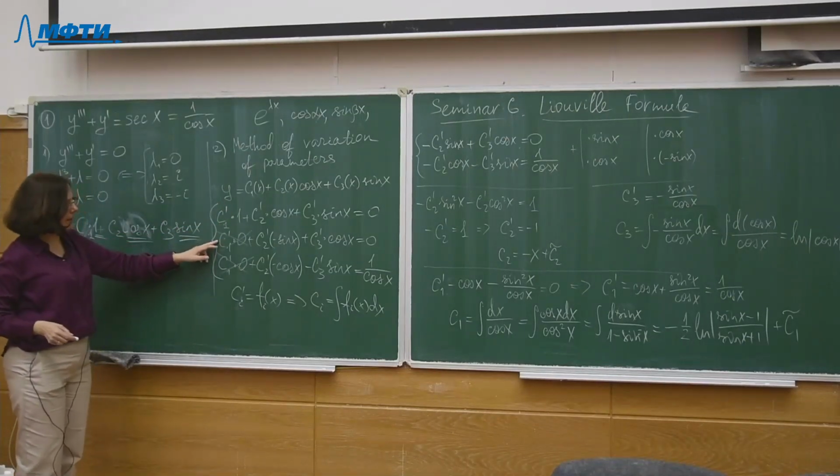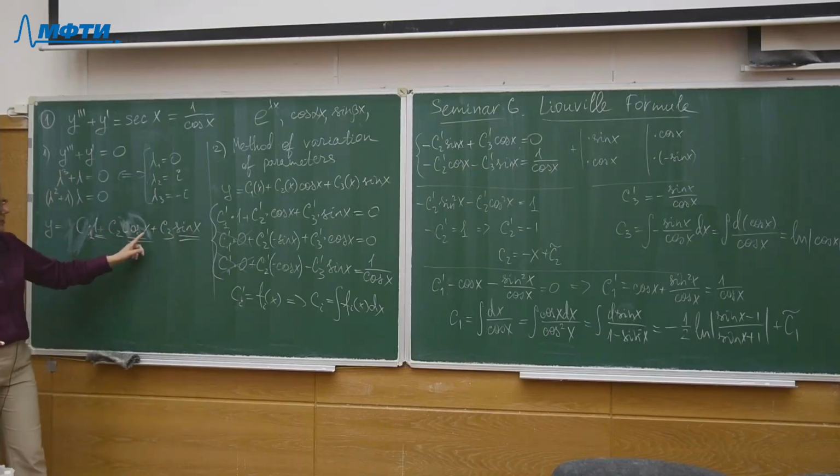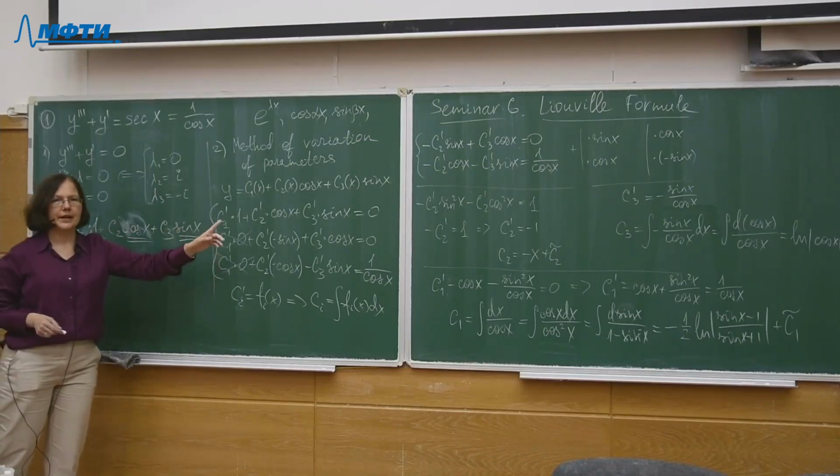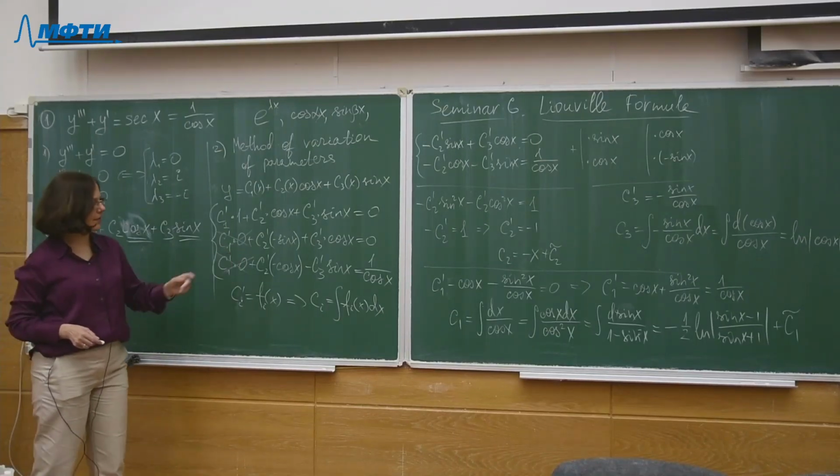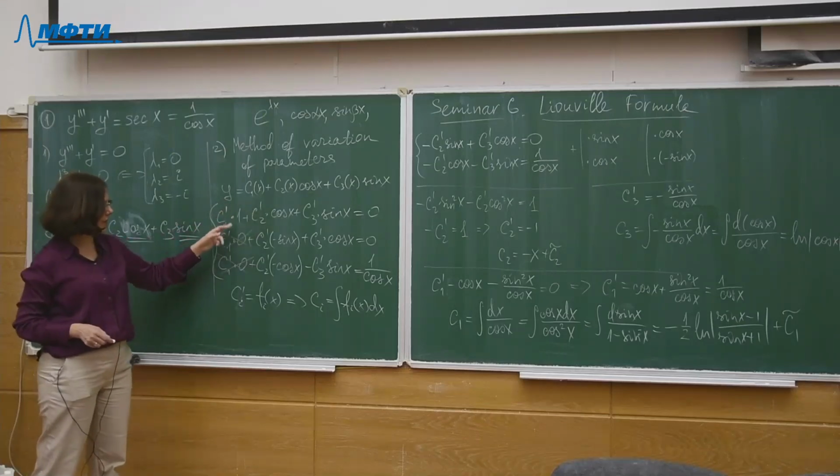Next, multiply them by the derivatives of these three functions and equate to 0. And after all, we multiply C1 prime, C2 prime, and C3 prime by the second derivatives of these functions.